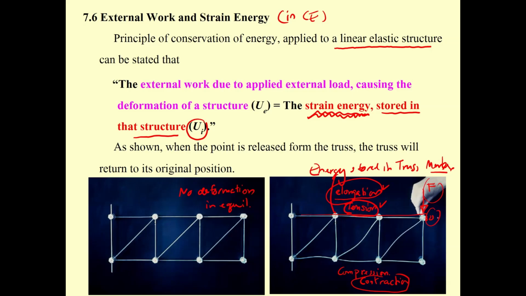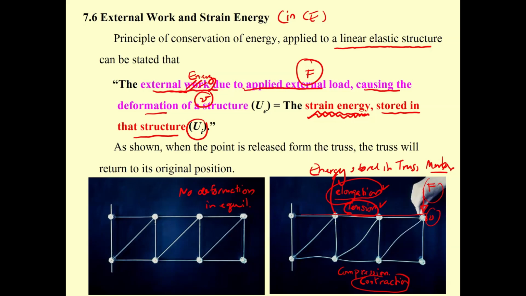That's going to be the work. Okay, and then if you put it on the negative side, that's going to be external energy, due to the applied external force causing the deformation of the structure V. The external force causing the deformation V is going to be in the form of external energy.